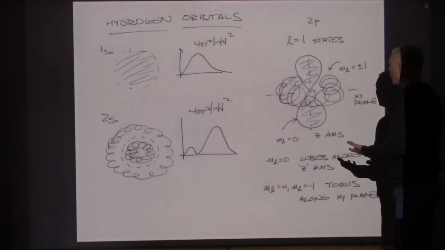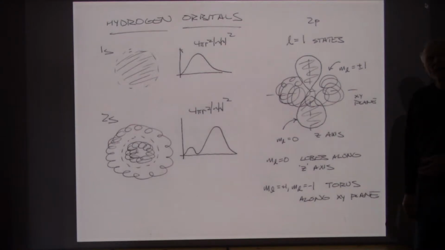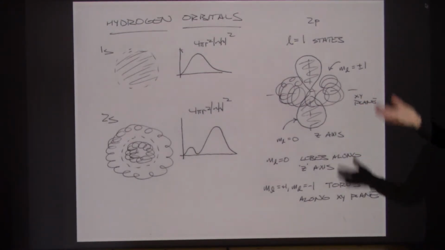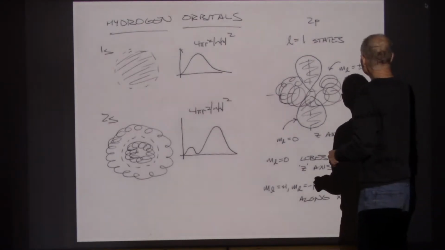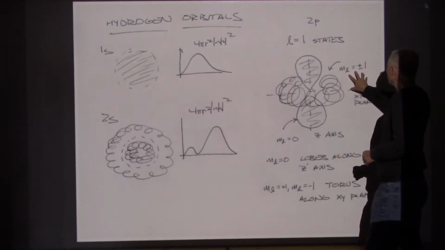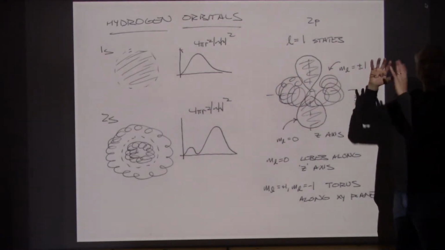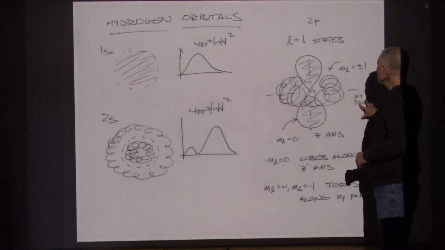Where are their probabilities? And these probabilities match. And you would think, wait a minute, that's not right. Each quantum state needs its own region of space. How is it possible that the m sub L equals plus or minus 1 states both fill in this donut-shaped region along the xy plane?